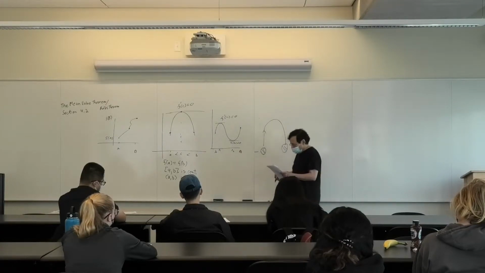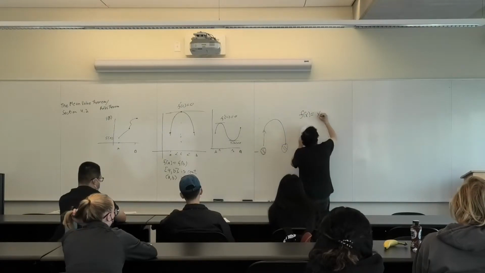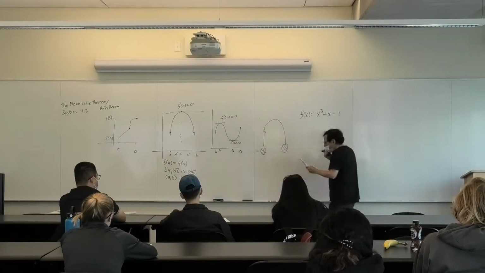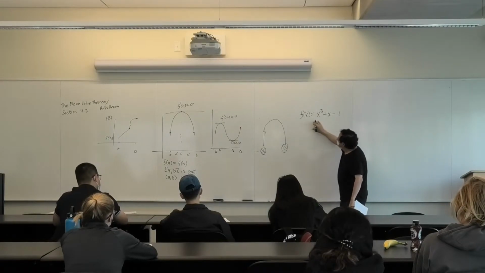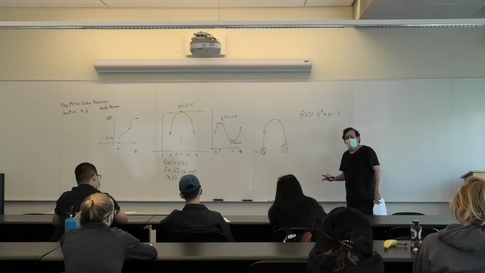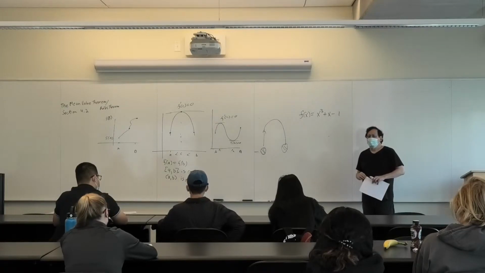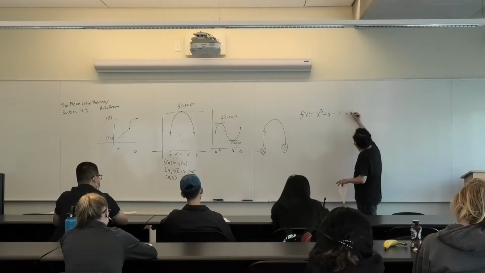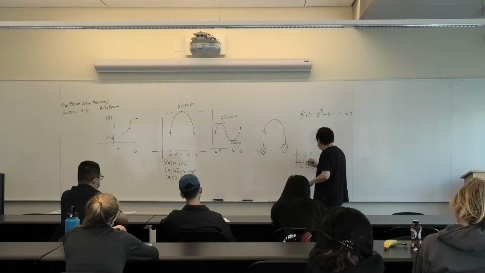This one's a little more clever. We have a function, f of x equals x cubed plus x minus 1. An aside, how many roots does this equation have? Roots being where it's equal to 0, where a function crosses the x-axis.